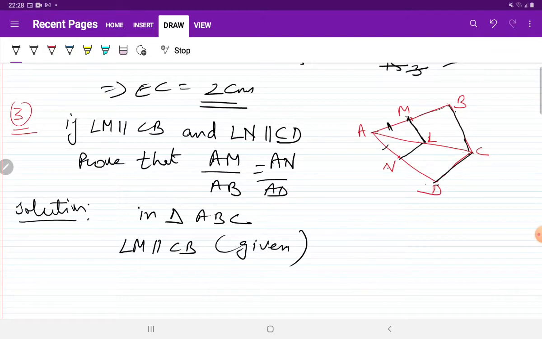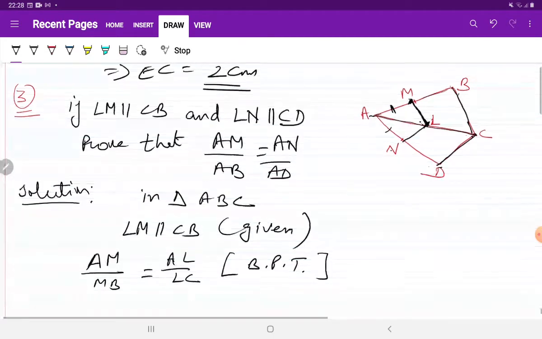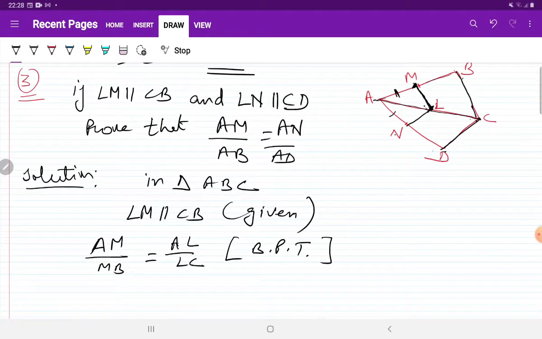This line cuts here at point M, so we'll take the ratio AM upon MB is equal to, since this line cuts AC at point L, dividing it into AL and LC, AL upon LC. According to which theorem? Basic proportionality theorem, BPT, or you can say Thales theorem. Both are same. Got it? This is your first equation.